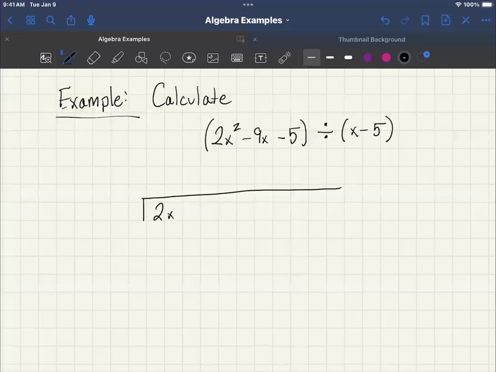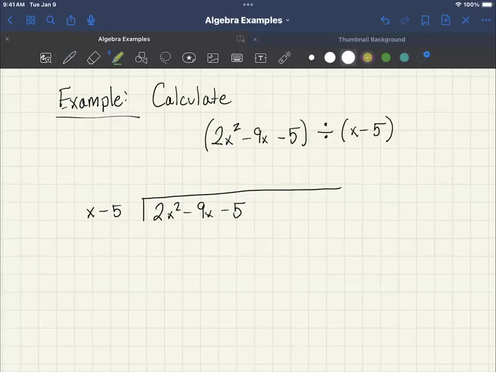So we're going to put our 2x squared minus 9x minus 5 under our half box. Technically that's supposed to be our first item when we're dividing, but again, I find it easier to just remember the big thing goes under and the small thing, the x minus 5, goes on the outside.